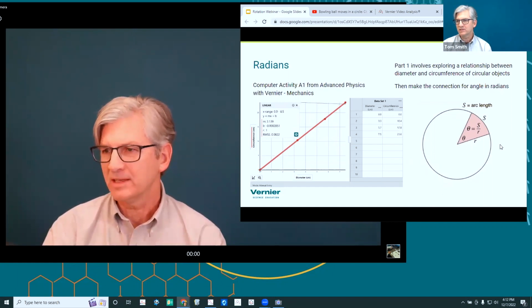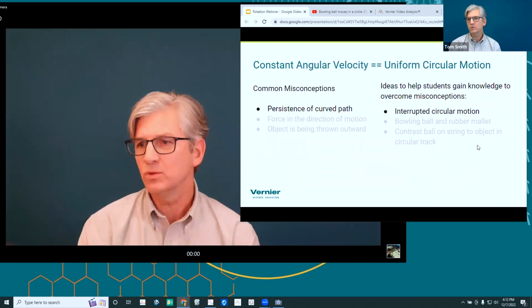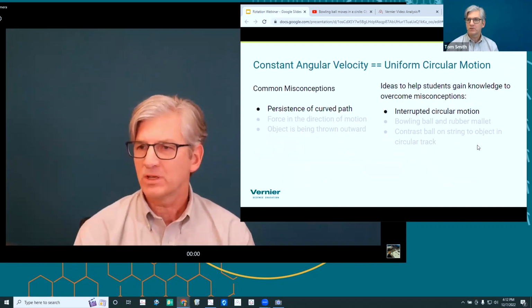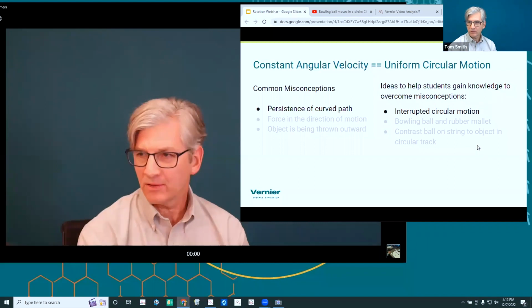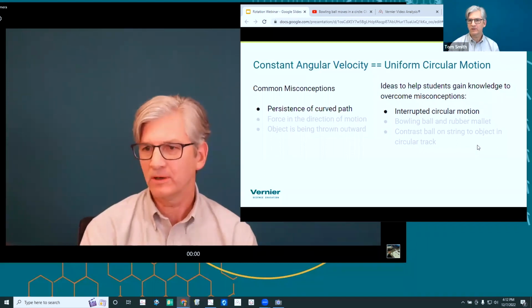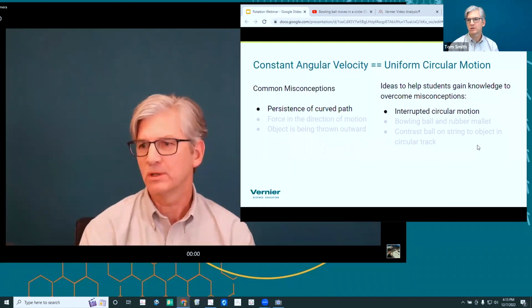Okay, so that's the first thing. I want to move next into some of the misconceptions students may have with regard to constant angular velocity motion. We're keeping it fairly simple still, also known as uniform circular motion.